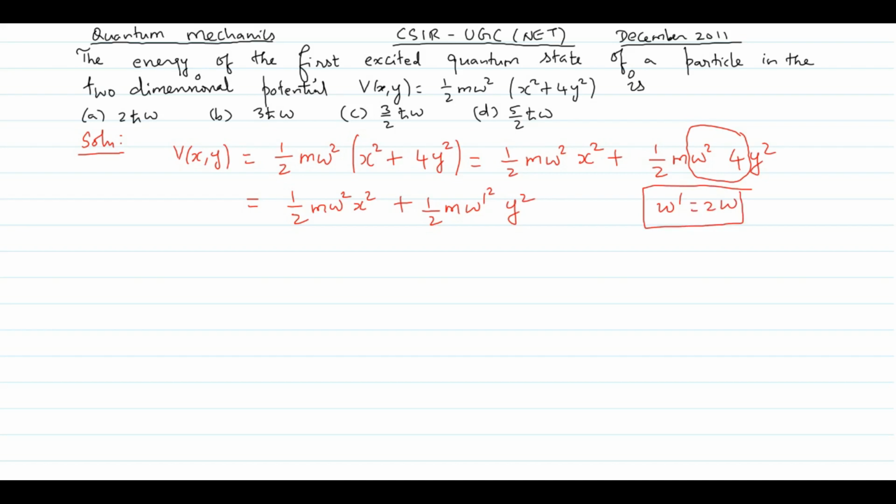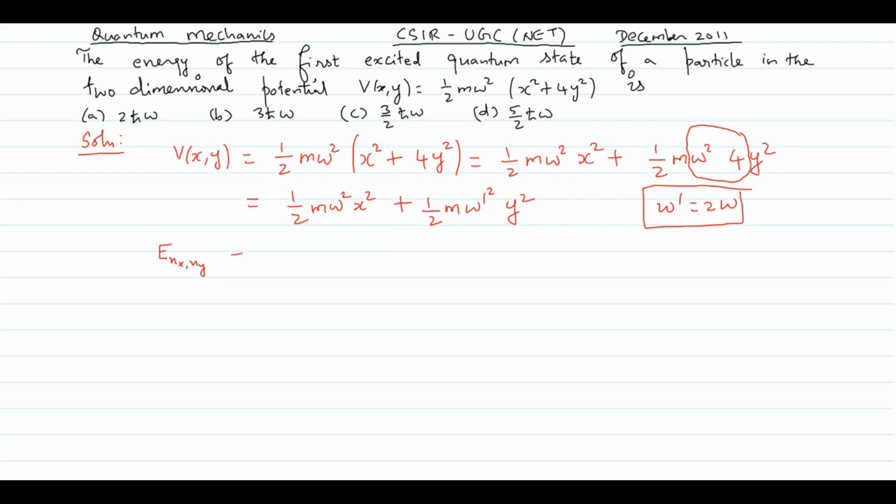Now the energy eigenvalue for this linear harmonic oscillator, in the quantum mechanics case, when we solve the Schrodinger equation for a two-dimensional potential problem, you will get two quantum numbers. For each degree of freedom, you will get one quantum number. For x, I will get nx. For y, I will get ny.